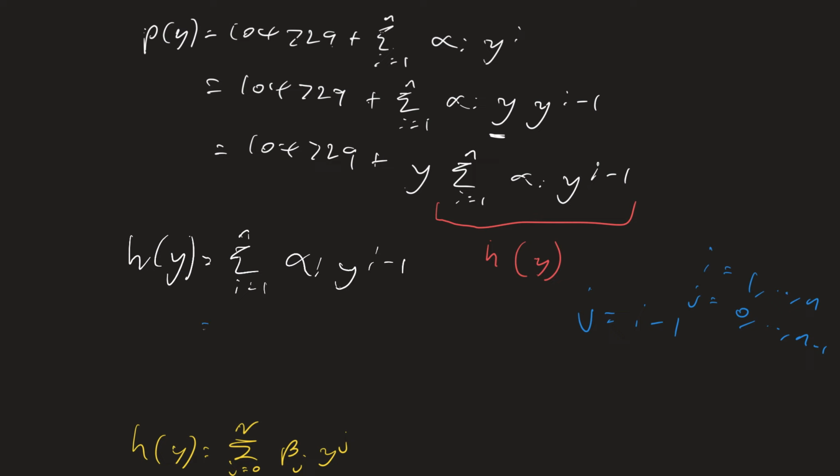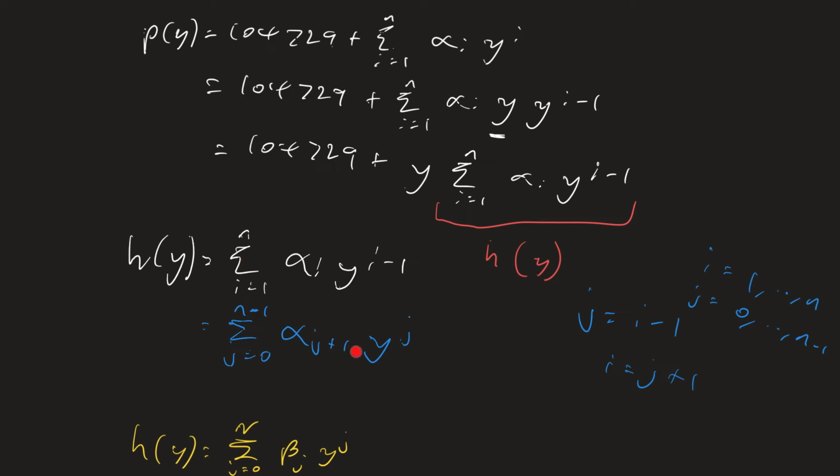And so I can write this as the sum of j equals 0 to n minus 1. And to make this the same, because j equals i minus 1, I know that i equals j plus 1. So I get alpha j plus 1, y to the i minus 1 is just j.